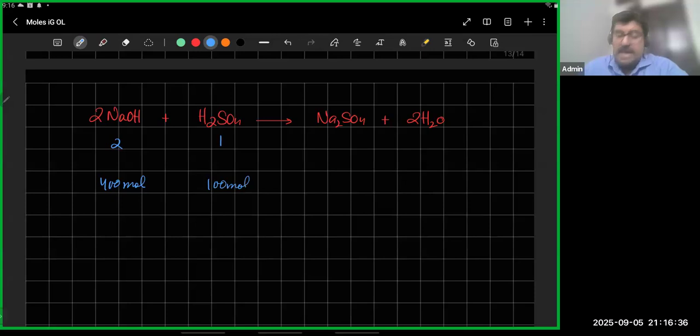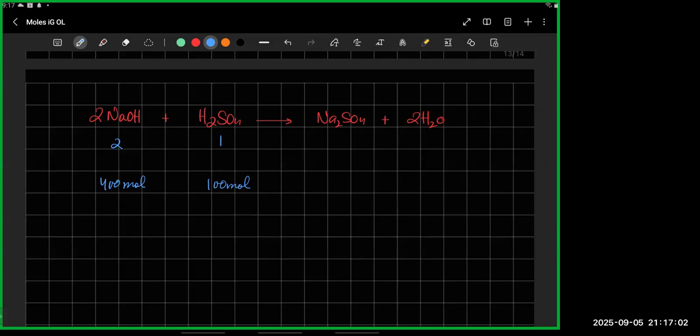Which one is in excess based on the ratio? Which one did you add more of? Shahzad, Abira, Zahar, Ahmed, anyone? Which one is more than the required amount? Sodium hydroxide.